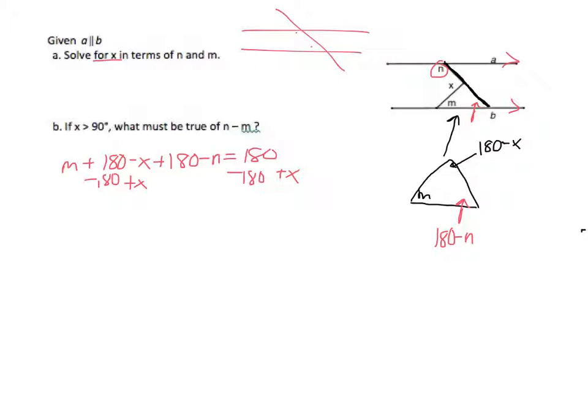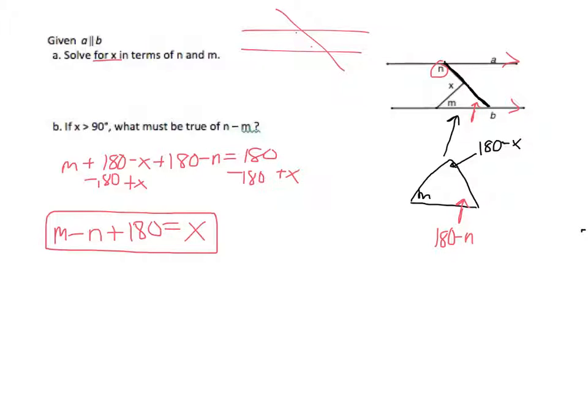What's going to happen is we end up getting m minus n plus 180 equals x. So that's your equation. We just solved for x: m minus n plus 180. We have no idea what m and n are, but if we knew those numbers, we could plug them in. So that's part A. Again, the solving part, once you get the equation, should not be that bad.